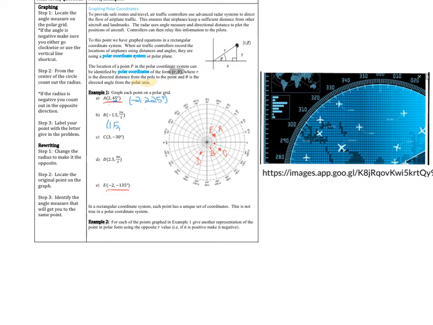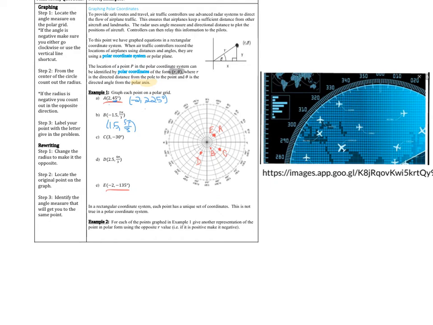And I want to end at B, but I'm going counterclockwise, remember, to stay positive. So I want to end all the way back over here at B, which is the angle 5 pi over 3. You guys confused yet? Okay, we'll keep going. Gotta keep trying it.